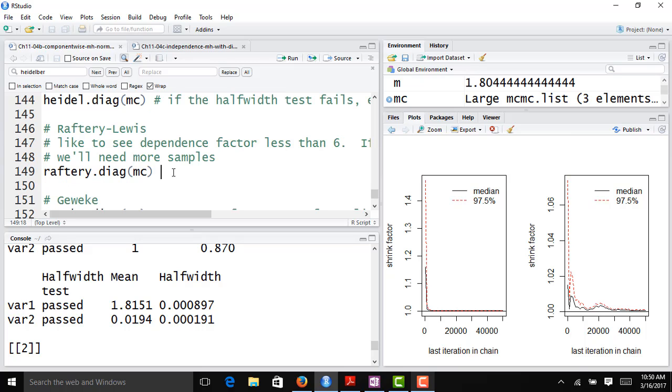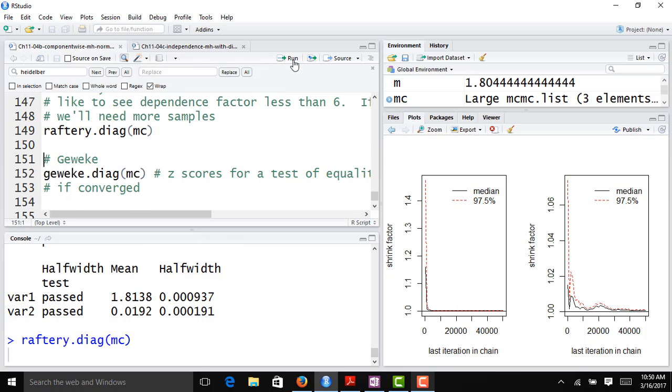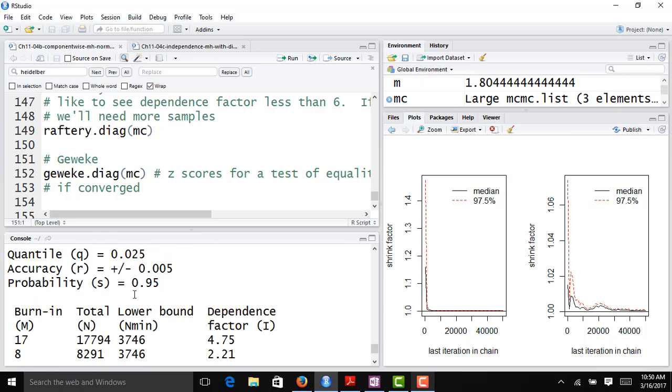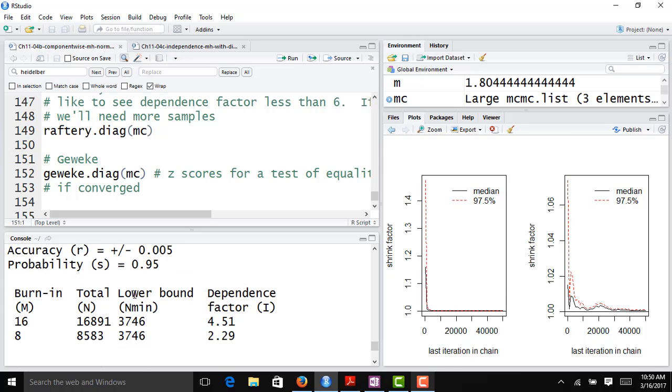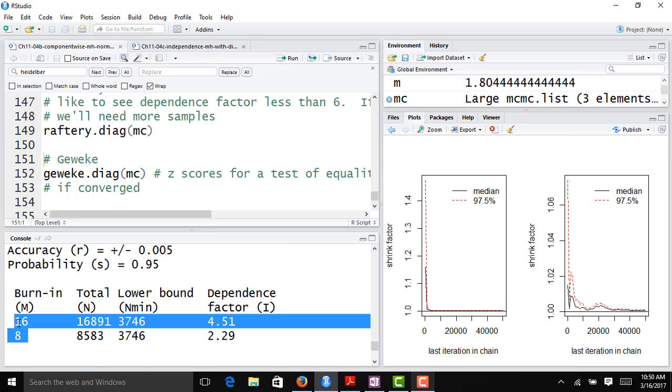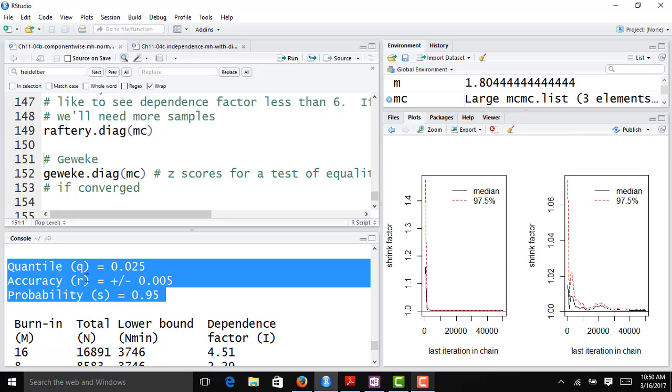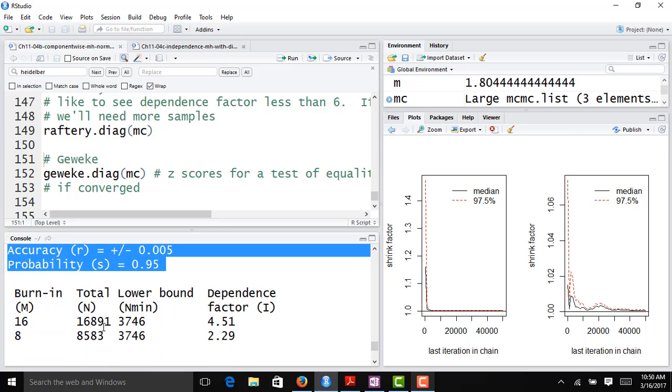So now we can look at the Raftery-Lewis diagnostic to see if we can estimate quantiles accurately. So we run that diagnostic tool and we get results for each chain. Once again, it says that we don't have to drop very many observations for burn-in, which makes sense since we've already done that to a certain extent. It says that we need about 17,000 iterations to get the desired level of accuracy for mu, and we actually have way more than that.